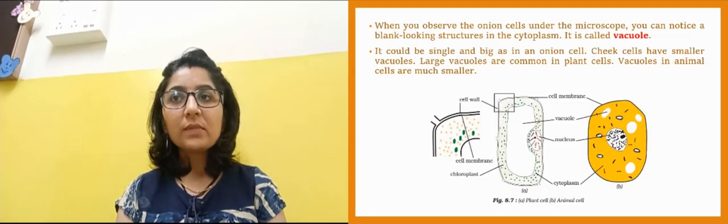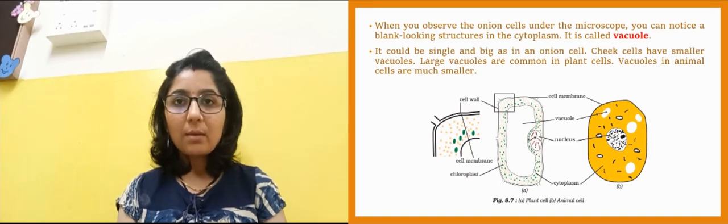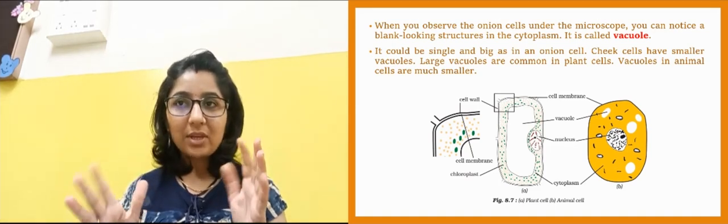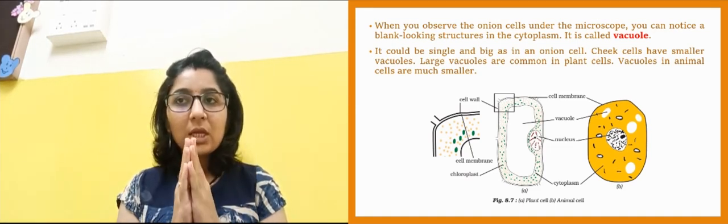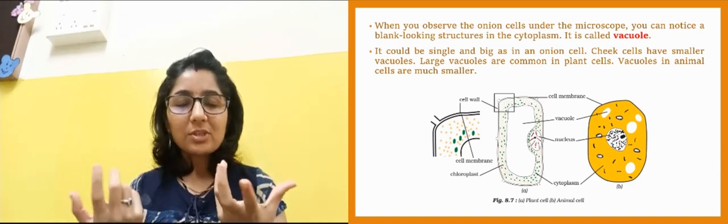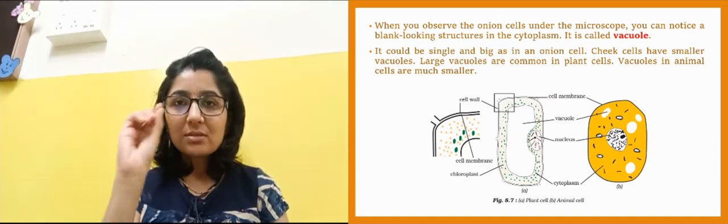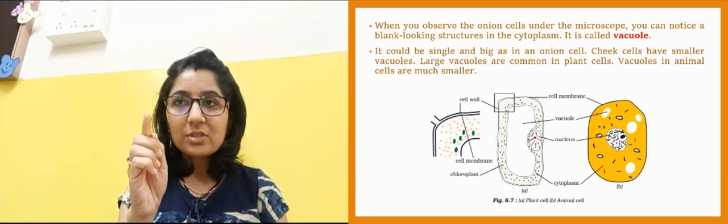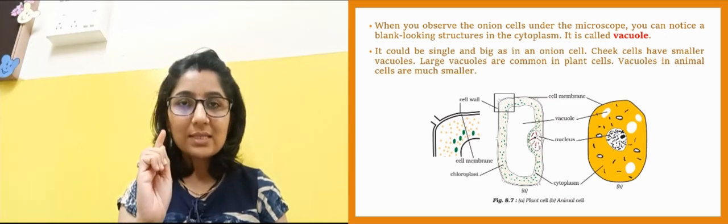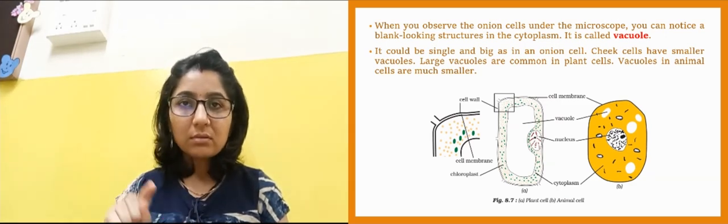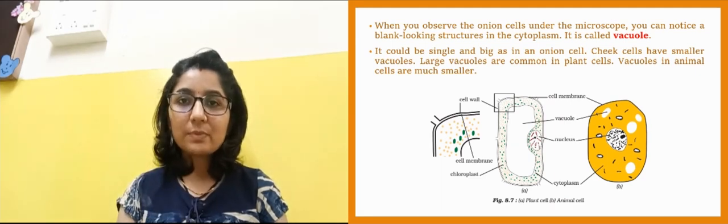Now if we compare a plant cell and an animal cell, we have seen a few of them. In any of the cells, we can see a big empty space. Can you see it in the first, the plant cell? A big empty space is present.